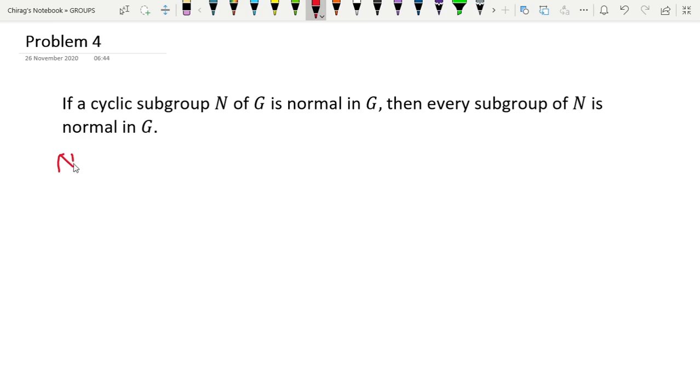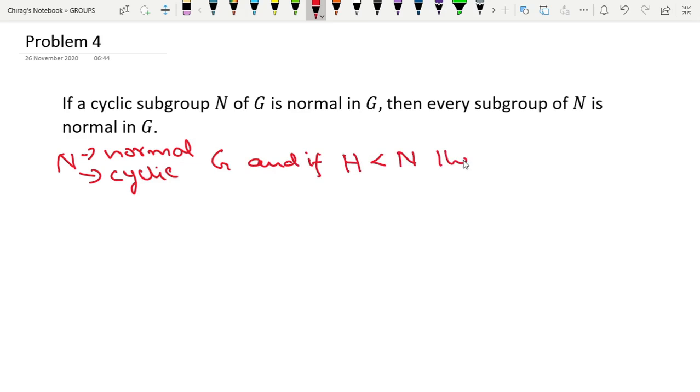If N is both a normal and also a cyclic subgroup of a group G, and if H is a subgroup of N, then H is normal in G. H is normal in G.